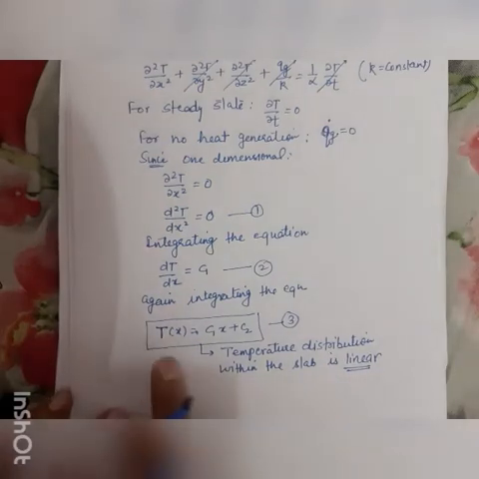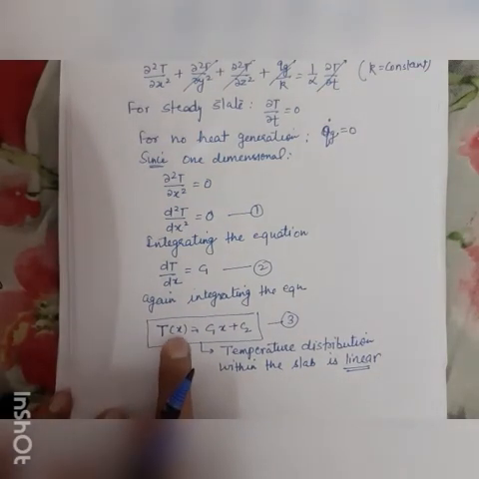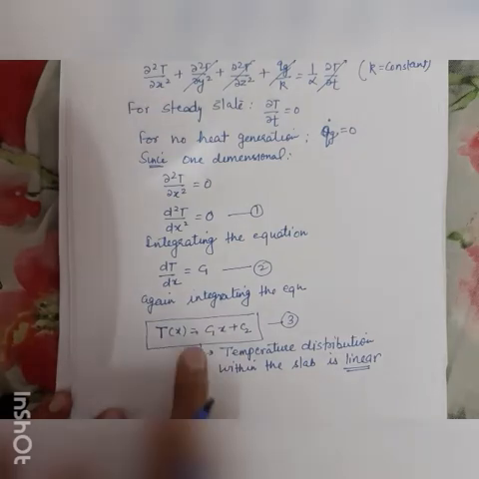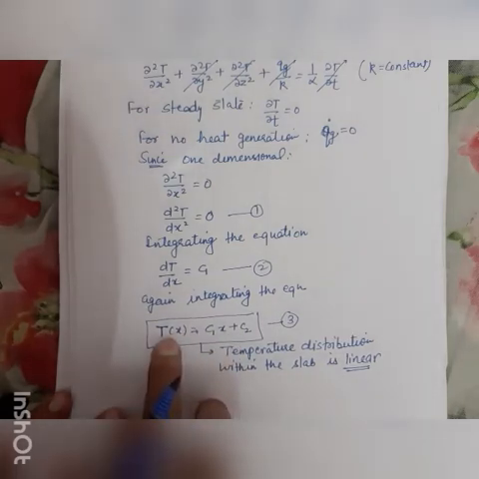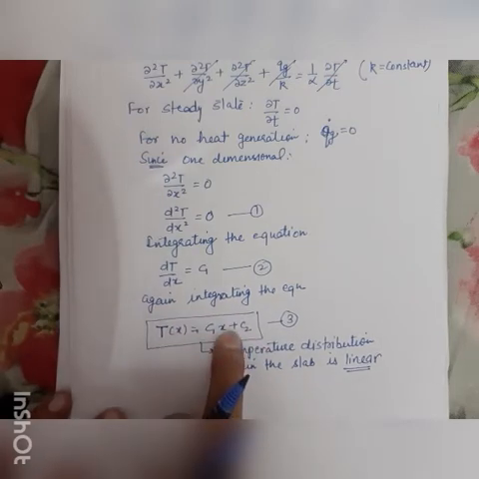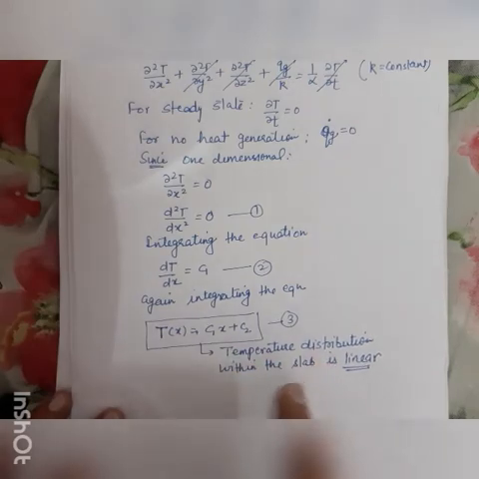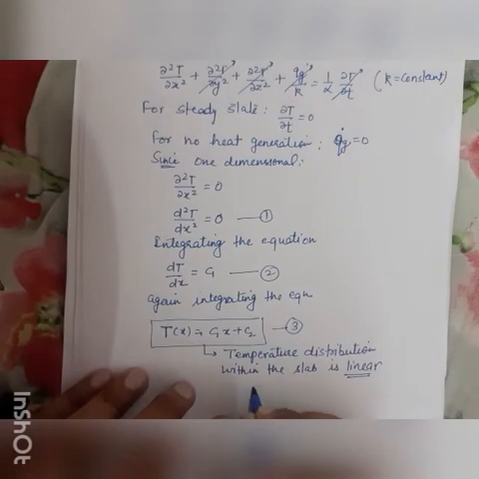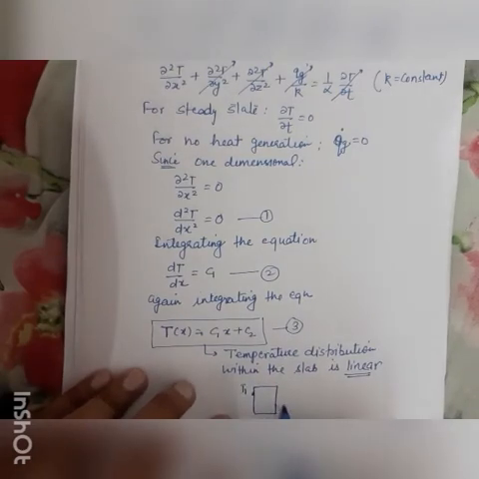So this temperature T(x) as a function of x has been derived as equal to C1x plus C2. Since T is a function of x raised to the power 1, the temperature is a linear function of x, or the temperature distribution within the slab is linear. I will plot it later on as well: this face is at temperature T1, and this face is at temperature T2.